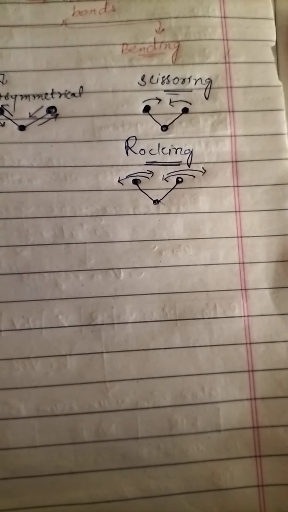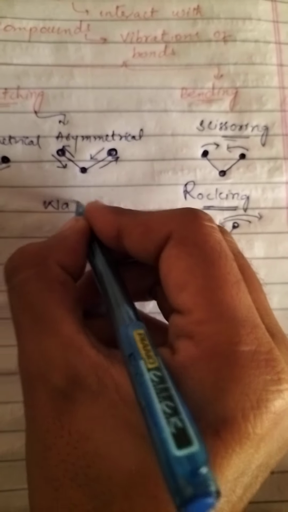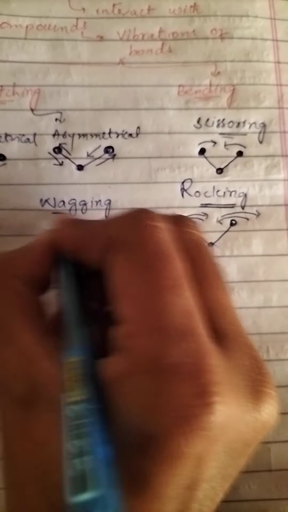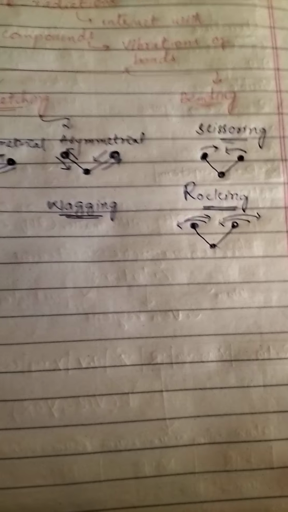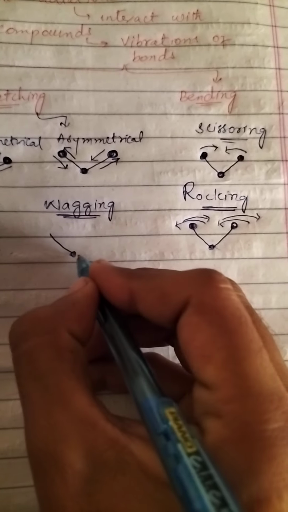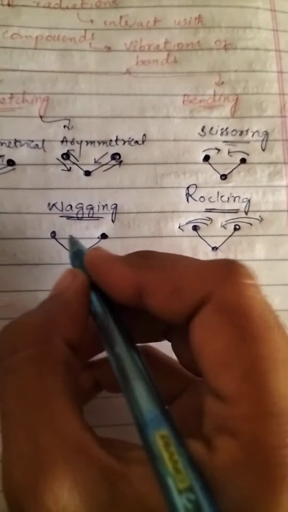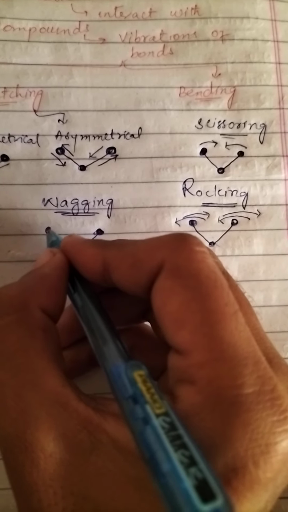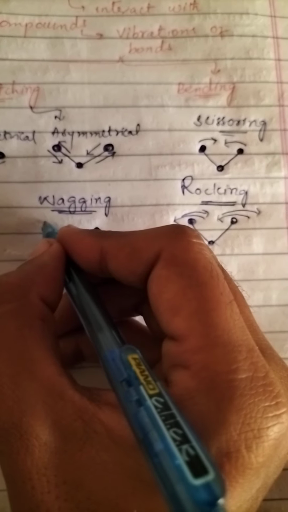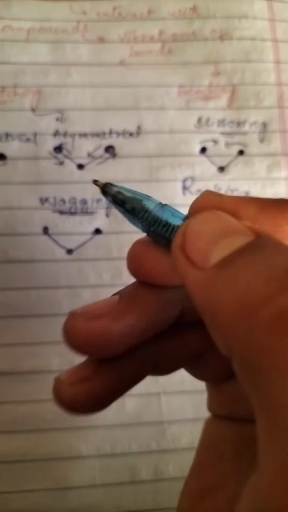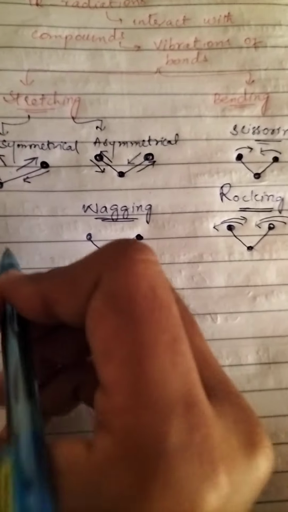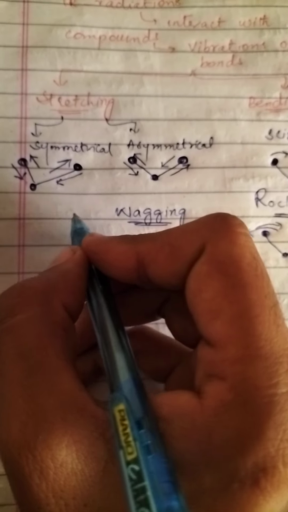Number third is the wagging. In this mode of bending, both the atoms move out of the plane simultaneously, or both are moved backward of the plane or the front of the plane. And the fourth one is twisting.